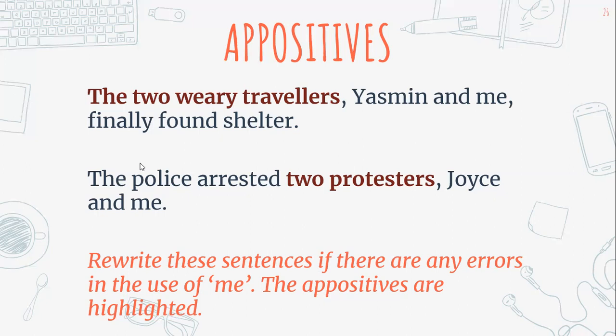And so again, you can take out the other nouns and the appositive to see if it makes sense. So it would read, the police arrested me. And it makes sense. So make sure to use these little tips and tricks so you know whether or not your use of pronouns is correct in the sentence.